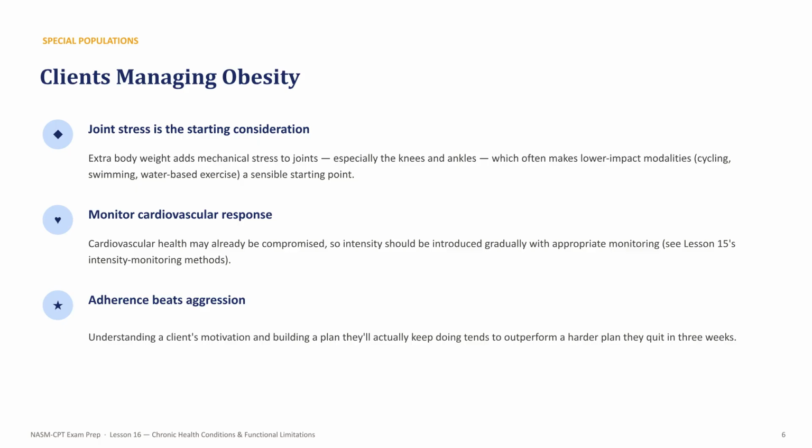Cardiovascular health may already be compromised, so intensity should be introduced gradually, with appropriate monitoring, using the intensity monitoring methods you covered back in Lesson 15. And here's a mindset shift worth internalizing. Adherence beats aggression. Understanding a client's motivation and building a plan they'll actually keep doing tends to outperform a harder plan they quit in 3 weeks.